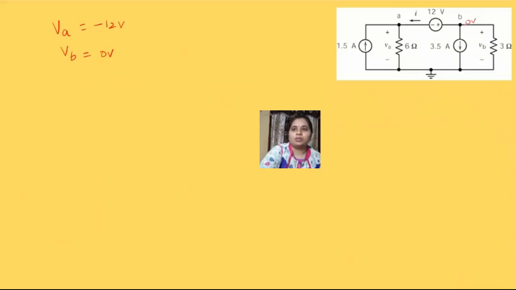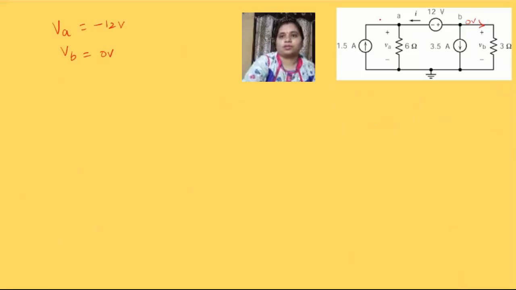That means the 3.5 amperes is not flowing in this 3 ohm resistor, as 0 minus 0 by 3 will be equal to 0, right?